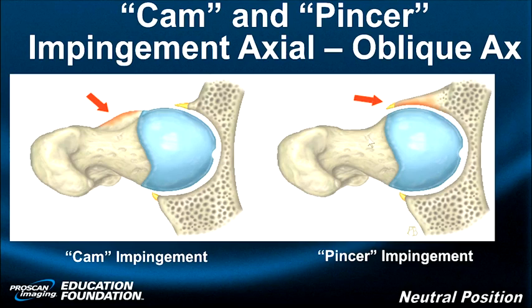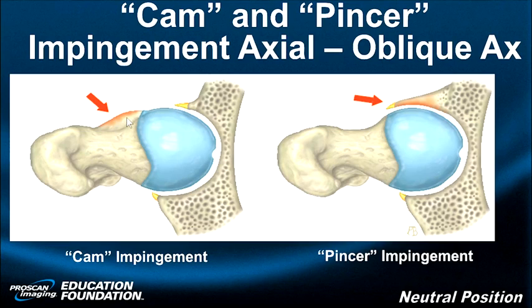Now, there are overlaps of both, but because of this retroversion effect, there is extensive delamination, chondromalacia in the back in pincer impingement, whereas there is a small abrasion in the front in cam impingement. So let's summarize again.